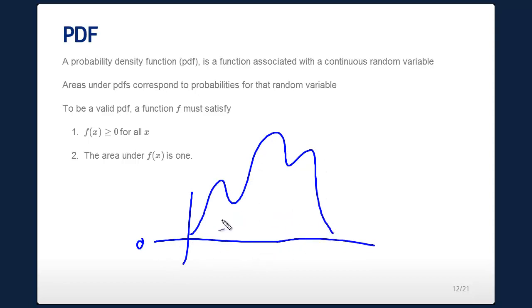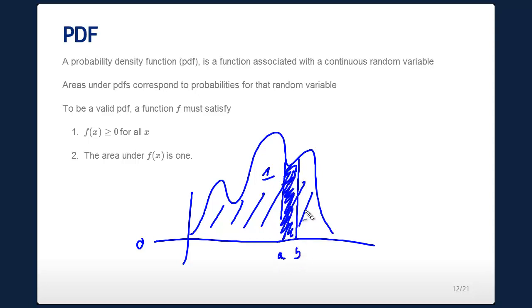The total area underneath it has to be 1. And then probabilities correspond to regions under the density. So if you want the probability that x is between A and B, it's going to be that specific area.